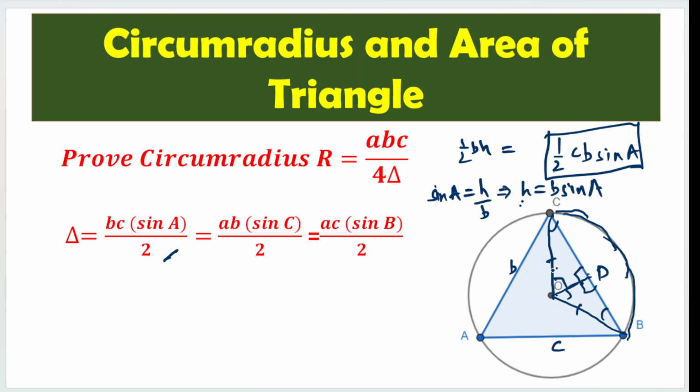This arc is making this angle at the center, the angle COB, and this angle A on the circumference. So what does that mean? COB is equal to 2 into CAB. Angle at the center is double that of the angle in the circumference.